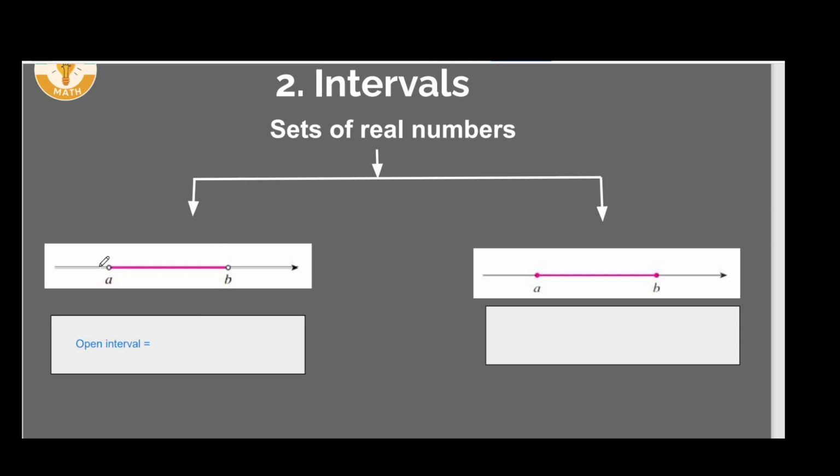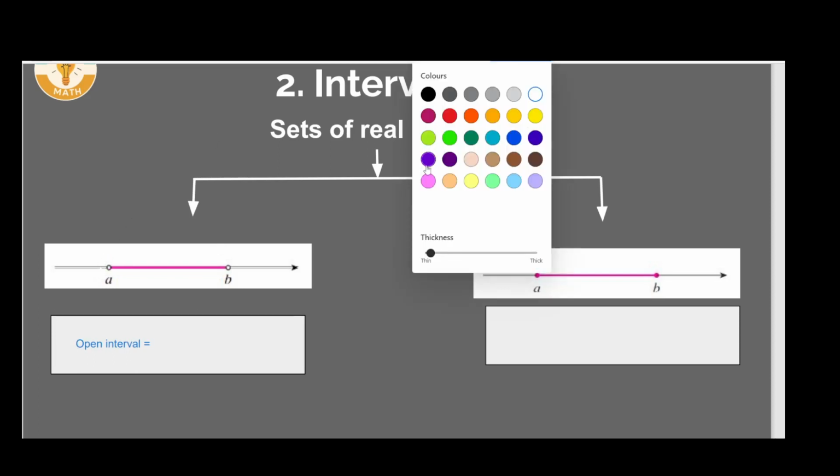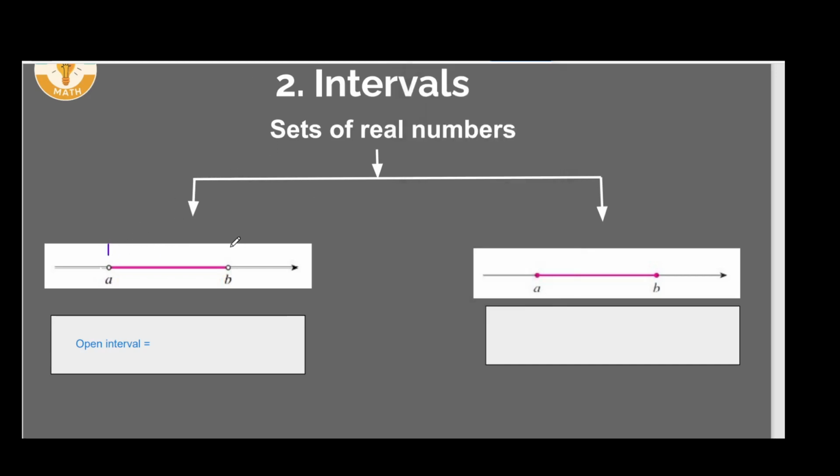Here, the answer lies between A and B. X lies between A and B, and here you can see that there is a hole. So that's why we call it an open interval.